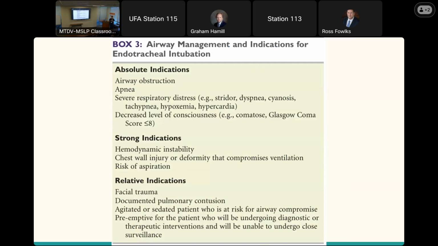If they have other confounding factors where they're hypotensive, they stop responding to you, or you hook them up to end-tidal and they're not ventilating, that would be an indication. So I would say that you are probably aware of all these indications, and anybody that presents to you that needs it, obviously.